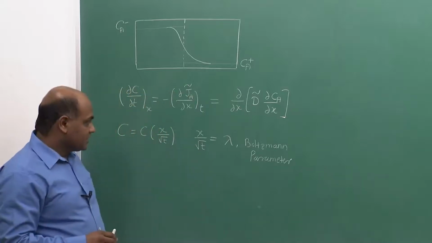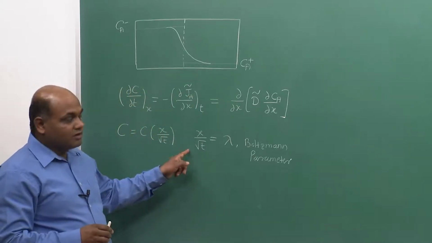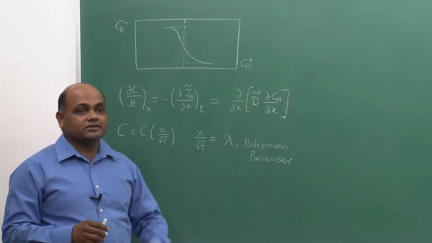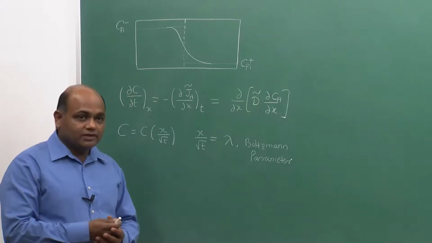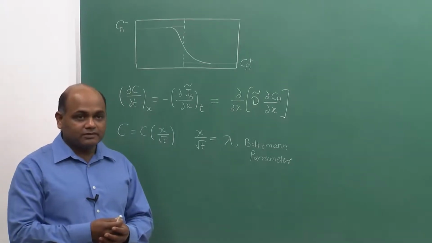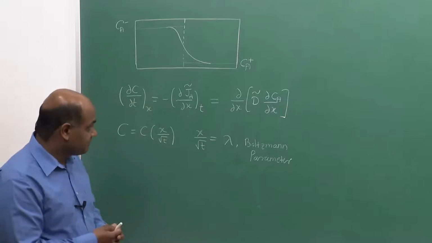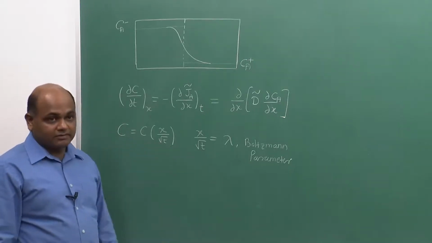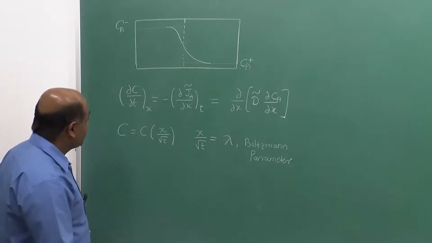Boltzmann proposed that this should also be true when D tilde is varying with composition, and this has actually been proved in practical diffusion couples in practical systems, that C is a function of lambda.